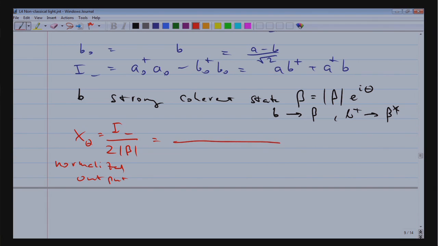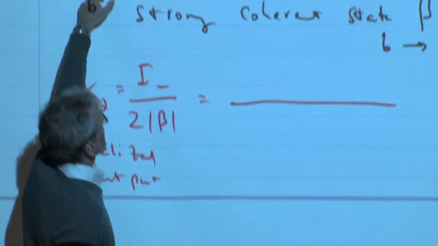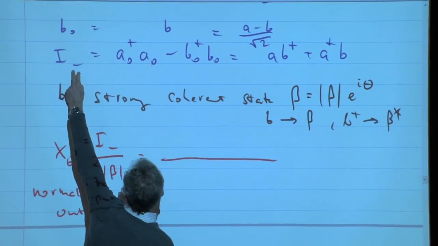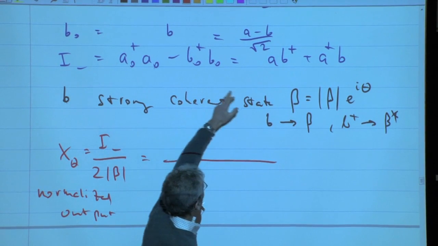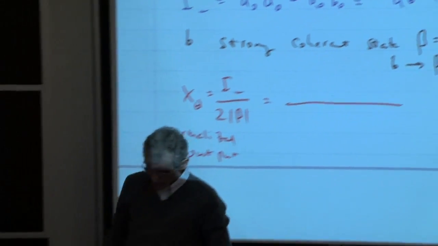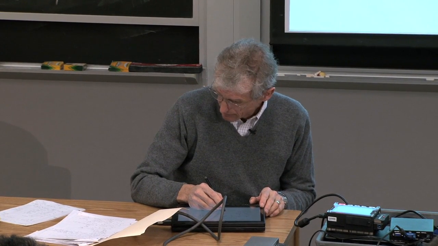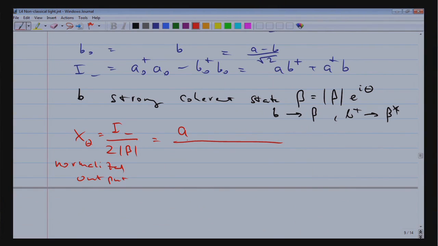So this is our operator for the signal I minus, and it is A times, B dagger has been replaced by B star, that gives us A times e to the minus i theta, because of the complex conjugation, plus A dagger times e to the i theta, divided by 2.